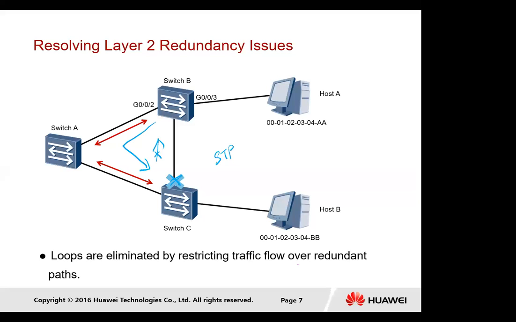Okay, so when one of the interfaces is blocked, your loop will be fine. That's why we need spanning tree to help us dynamically define where my alternate port is. You never do it manually, because you never know when a link will go down. If you need to do it manually, it will be very troublesome.